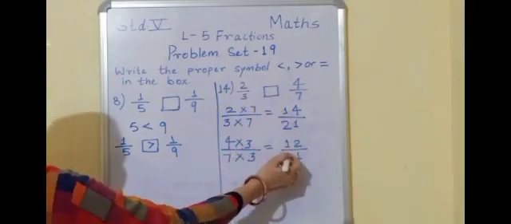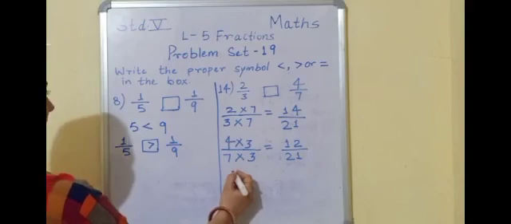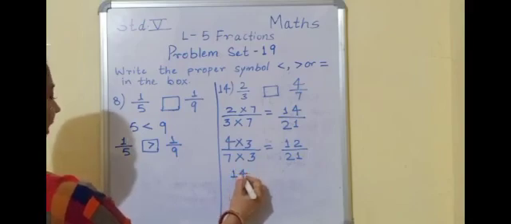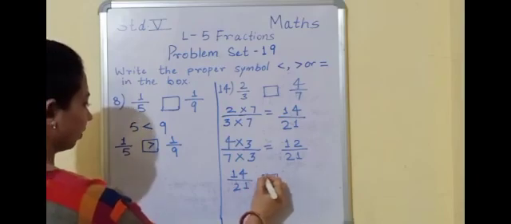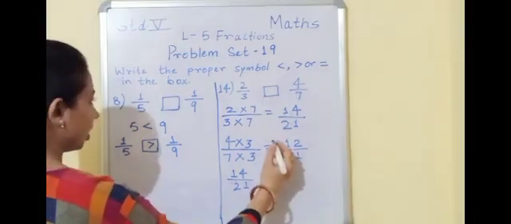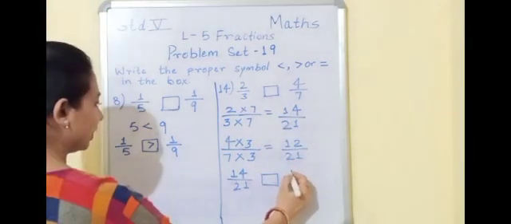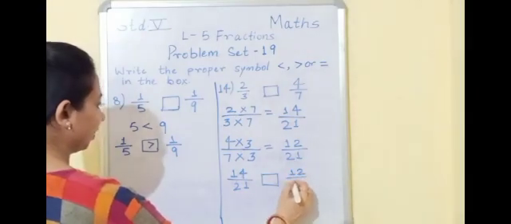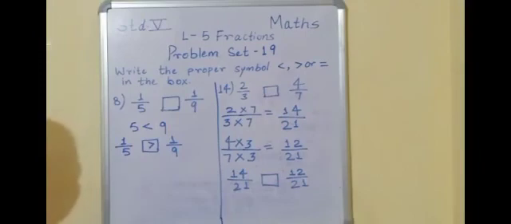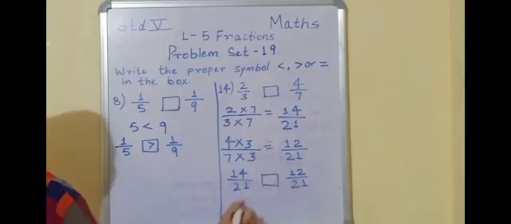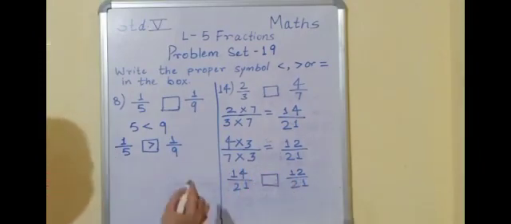Now comparing these fractions, as 2 by 3 is converted into 14 by 21 and 4 by 7 is converted into 12 by 21. These are like fractions, so comparing the numerators, greater the numerator, greater is the fraction.